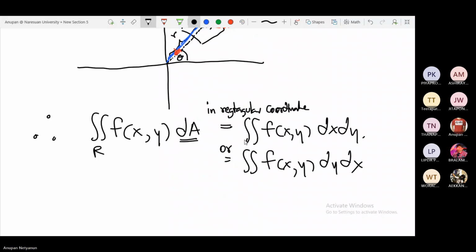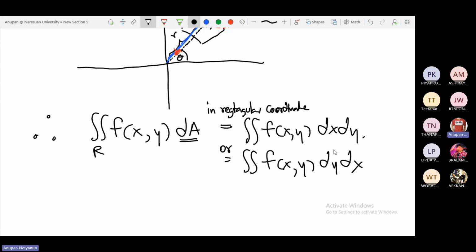Now, for the region R, if R is a square, the running numbers have to be constant, and then you can switch the order right away. But if it's not a rectangle, you have to consider the region and find the running numbers after you switch the order. Okay, things will be changed.